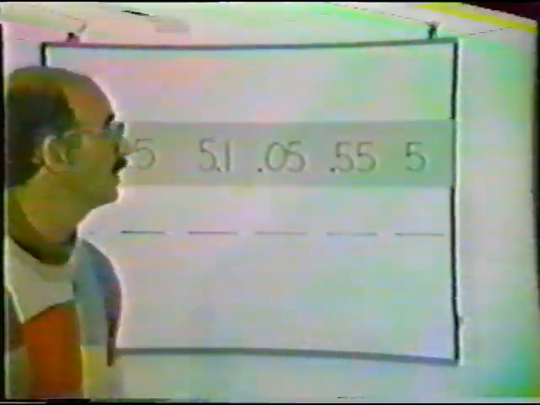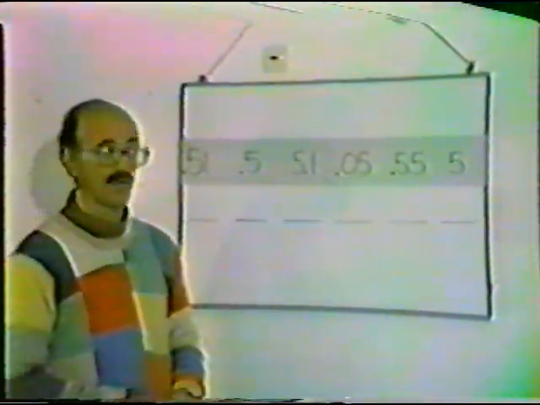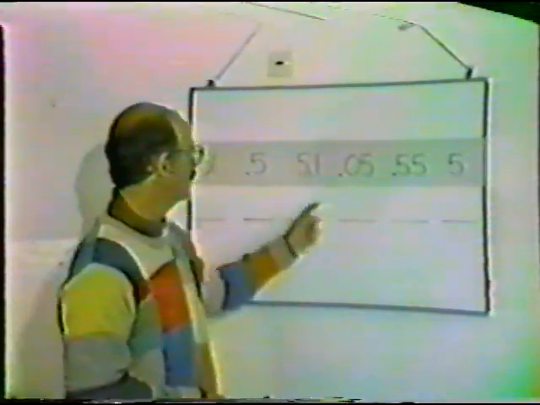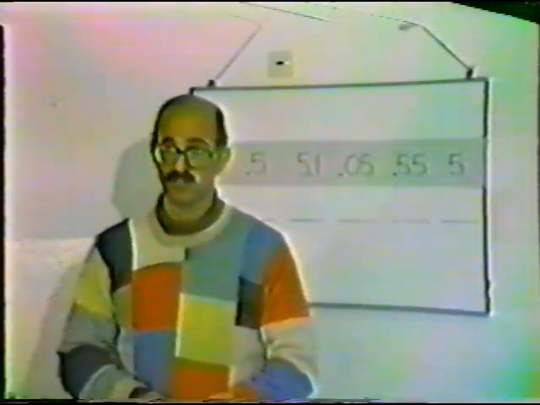Now that we know how to compare two decimal numbers and see which is the larger, we have a whole series of 6 numbers, and we would like to put them in order from left to right and smallest to largest.